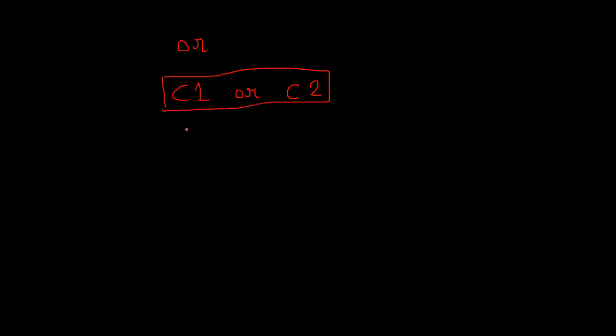Now suppose the first condition is true and the second condition is also true, there may be a situation when the first condition is true but the second condition is false, and suppose the first condition is false and the second condition is true, and there is a situation when both the conditions are false. So basically these are the 4 situations that may arise in this case.